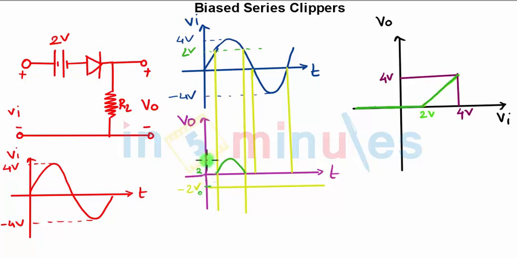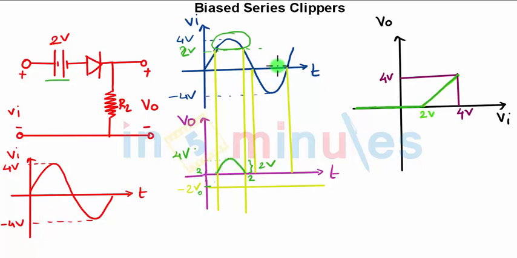So you will get maximum output going till 4 volts, since your 0 level is shifted below because of the DC supply voltage. After 2 volts you will get output until it comes back to 2 volts, and the maximum swing is 2 volts, that is 3 to 4 volts. Then these yellow lines are just the projections. I am showing the 2 volts over here, after which you will get the output, only for this cycle which is drawn over here.